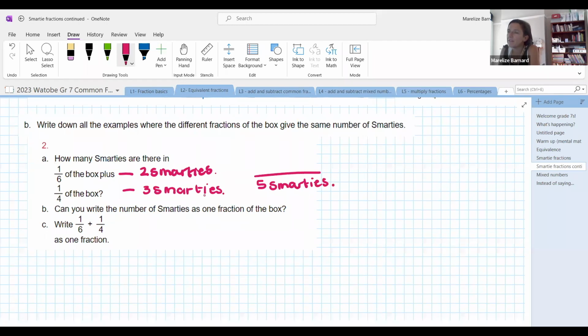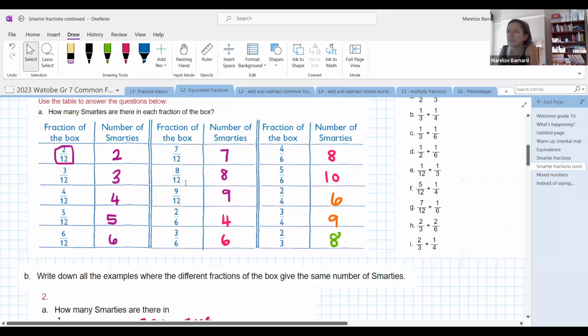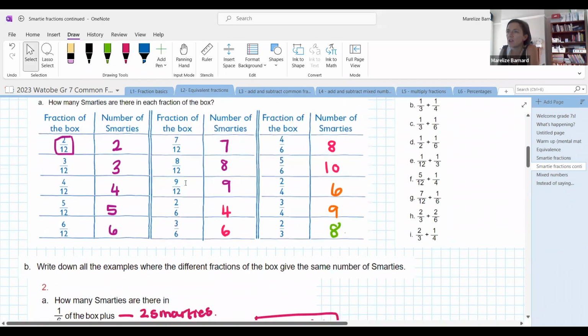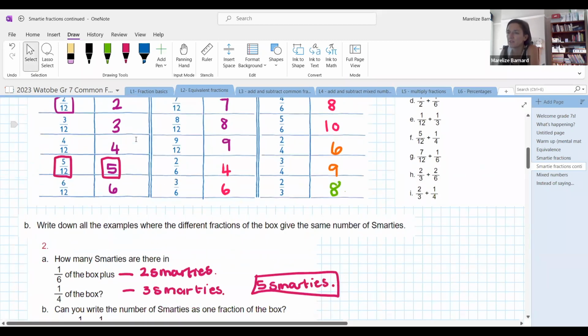So if 1/6 and 1/4 put together gives me 5 Smarties, what fraction is that the same as? So let's go to our table because we did all of this working out already. We look at this column here, number of Smarties, and we go down to 5, and we see that 5 Smarties is the same as 5/12 of the box.